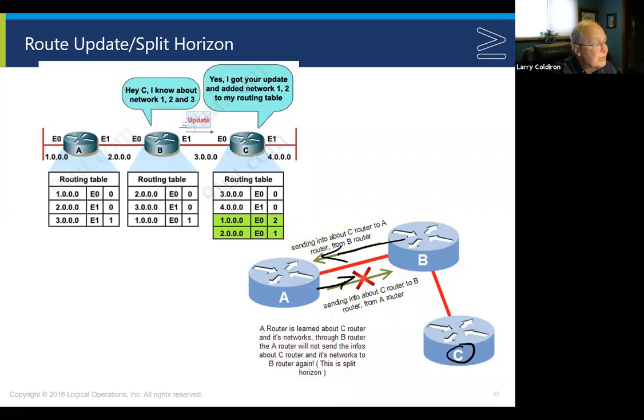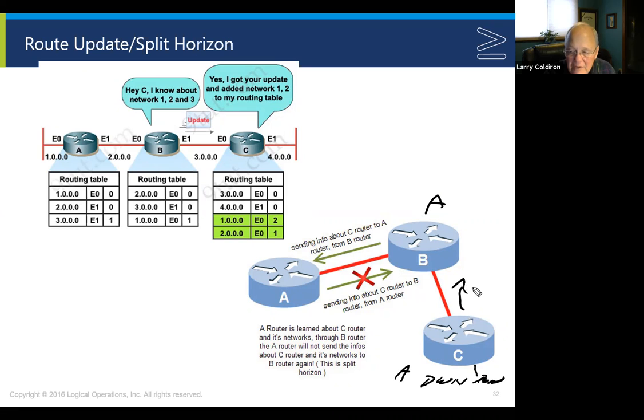It prevents some issues, and one of those issues would be this: we have a network down here and it goes down. We'll call it network A since I'm not doing big numbers, and we tell it about it.